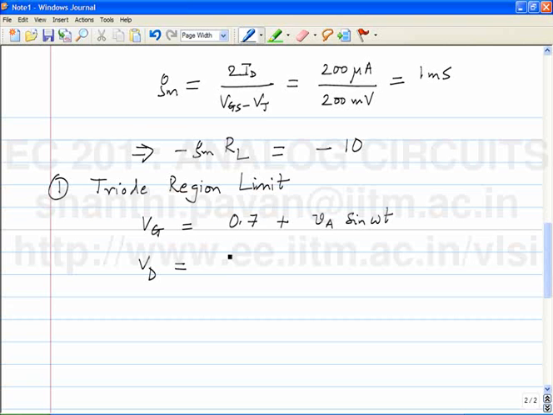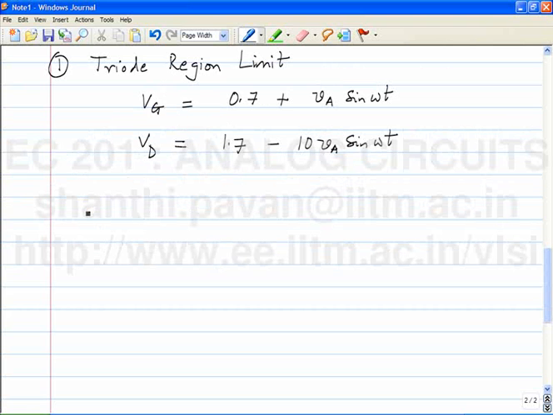The quiescent value plus the incremental value. The quiescent value is 1.7 volts, as we have already seen, and since the incremental gain is 10, it's minus 10 VA sine omega t.